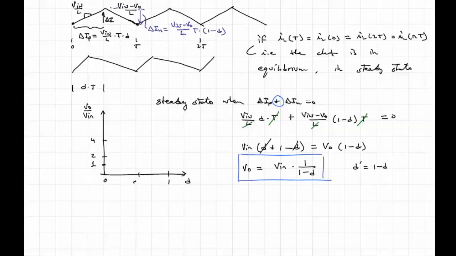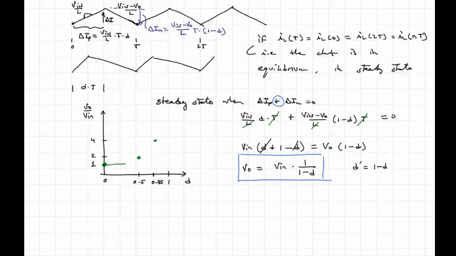At a duty cycle of 0.5 or 50%, we would have Vn over 1 minus 50%, in other words, 2 Vn. So we have a data point here, and another data point here. If we went to 3/4, 75% duty cycle, then we have Vn over 1 minus 3/4, in other words, 4 Vn. So now we have this value.